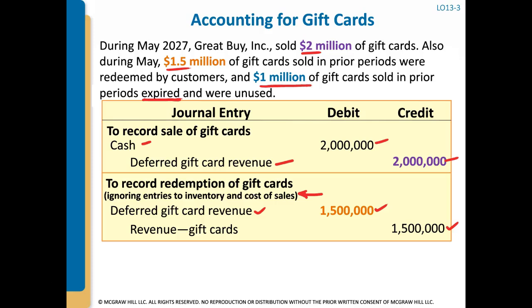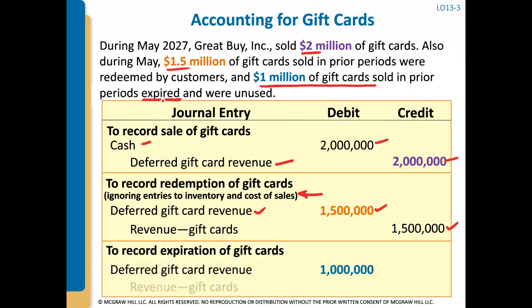And then we're going to go to the $1 million of gift cards sold in prior periods that were expired and were unused. So if they're expired, they can no longer be used, or we know based on the breakage point that they won't be used. The likelihood of them being used is very remote. We're going to debit deferred gift card revenue for $1 million. And at that point, we can also recognize the revenue from those gift cards for the $1 million.